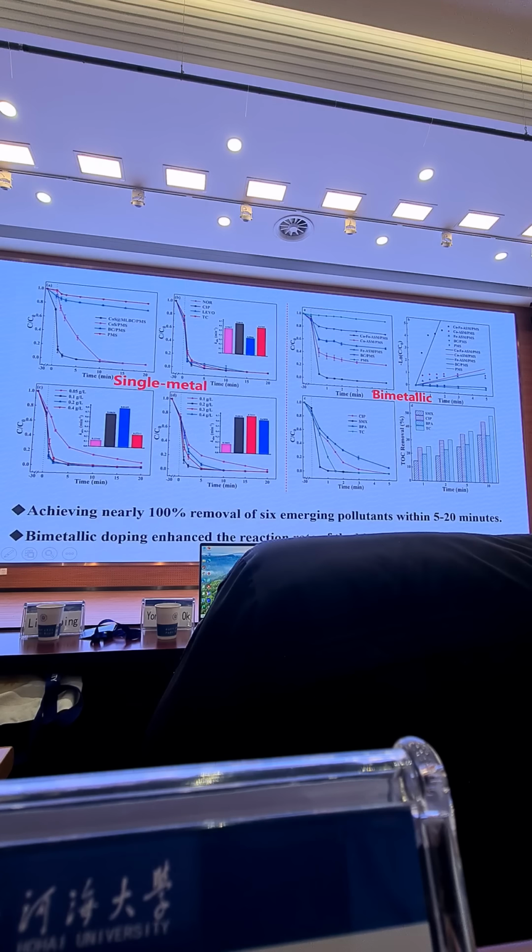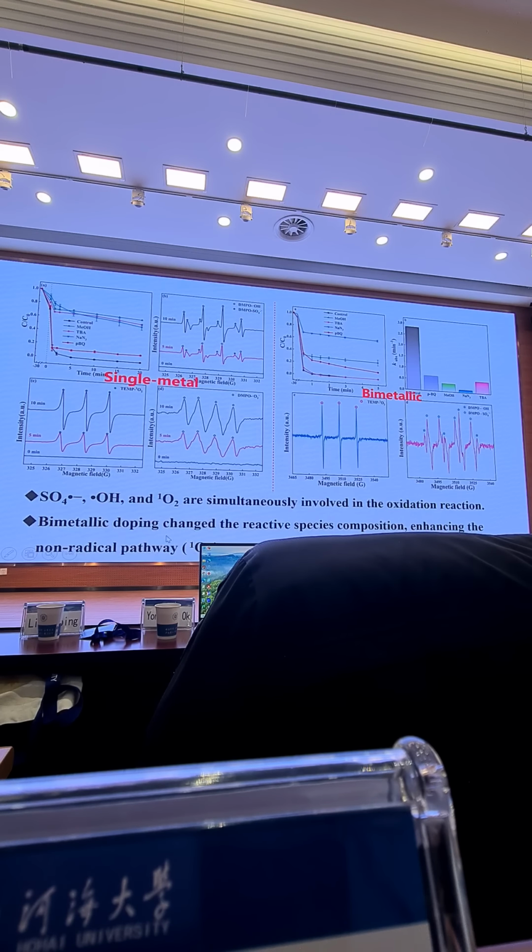Bimetallic doping enhances the reaction rate of the biochar catalyst, so you can have oxidation reaction processes involved all at the same time. Bimetallic doping changes the reactive species composition, so they actually enhance the non-radical pathway.